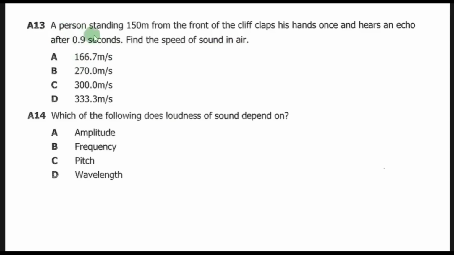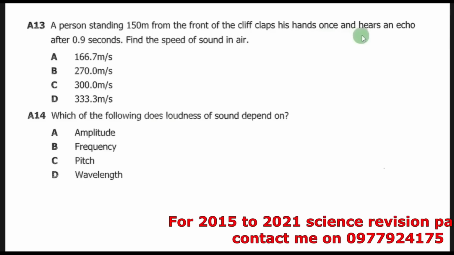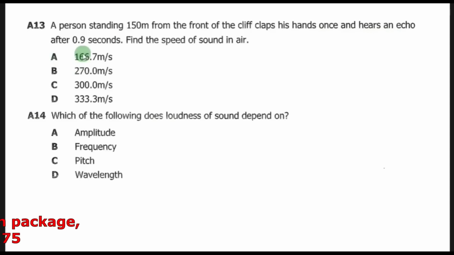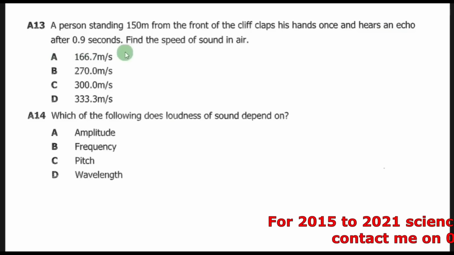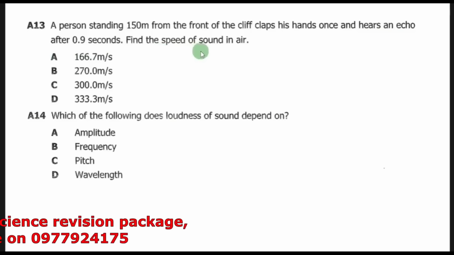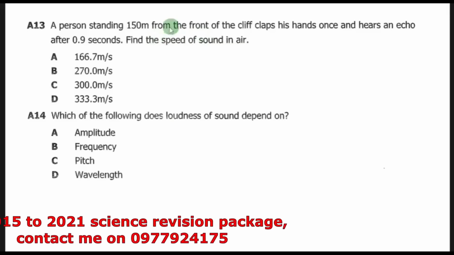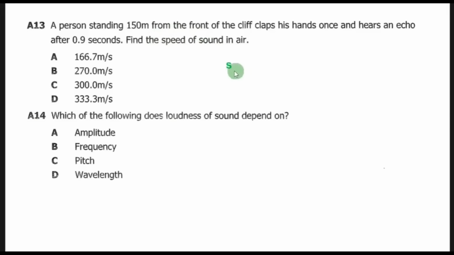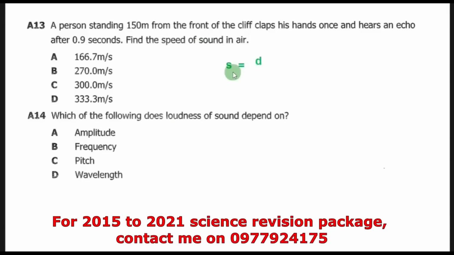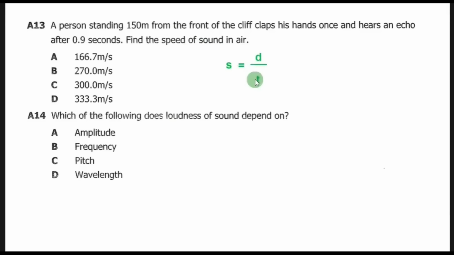A person standing 150 meters from the front of the cliff claps his hands once and hears an echo after 0.5 seconds. Find the speed of sound in air. We know the formula: speed s is equal to distance over time.